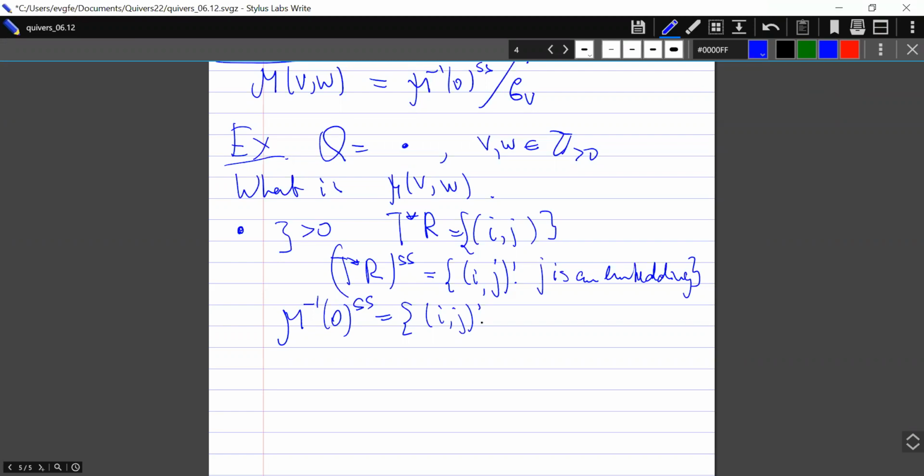I is surjective. Why? Psi is still positive, so we have the same stability condition. How do we describe semi-stable points such that mu of them is 0?